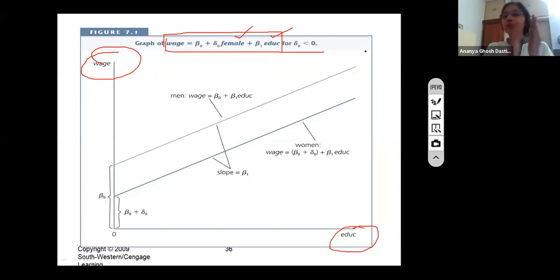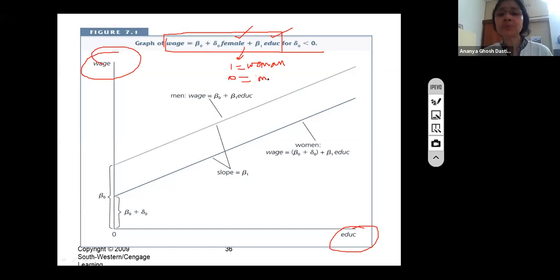Okay. So I'm telling you what you are doing when you include a dummy variable in your regression. You are actually allowing for two separate regression lines. One for men and one for women. Look at my dummy variable. The dummy variable is 1 if it's a woman, and the dummy variable is 0 if it's a man.